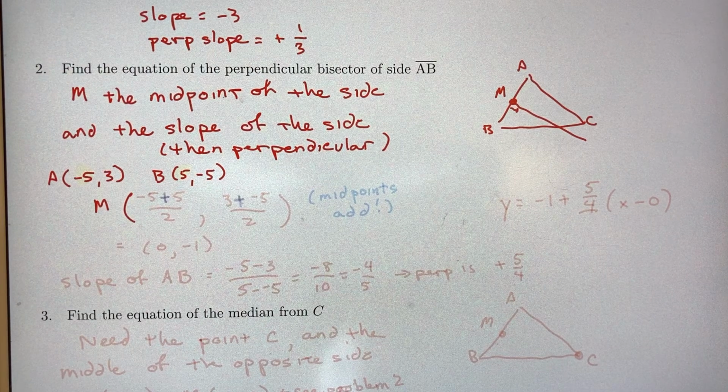I want to remind you that distances and slopes subtract, midpoints add because they're averages. Averages add. So we're adding the x-coordinates, just highlight the x-coordinates, and adding the y-coordinates.